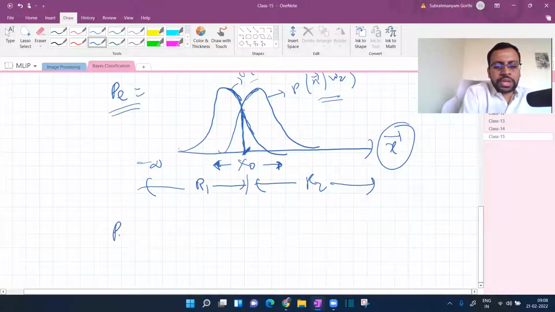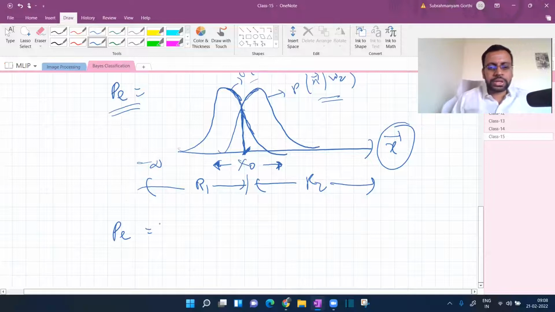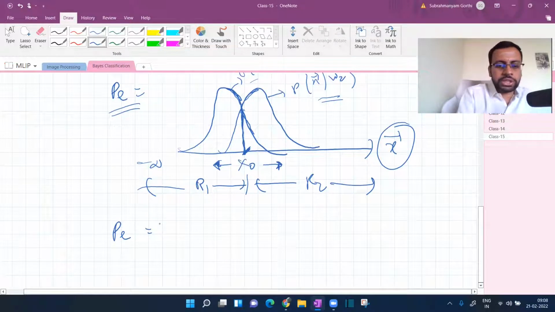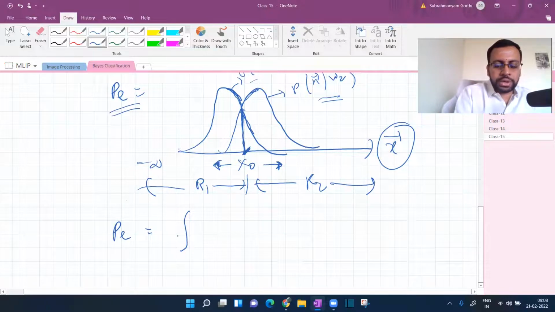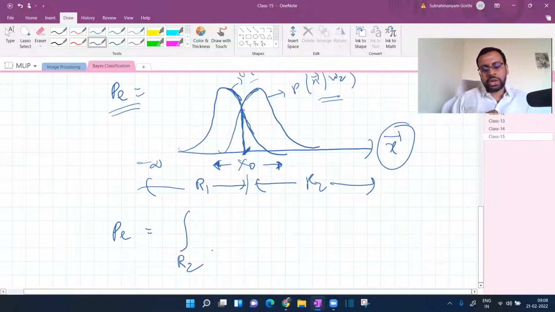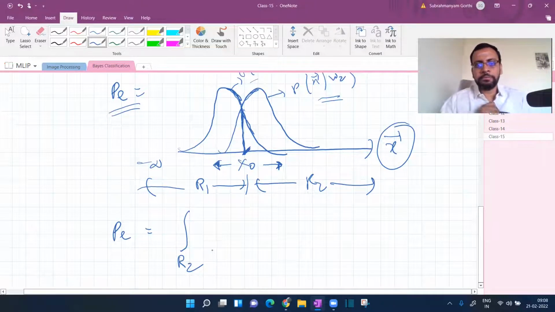Can one of you quickly help me write the expression for total error probability? Let me first write the error committed by that which actually belongs to class 1, so I would put R2 here. Can you help me quickly?